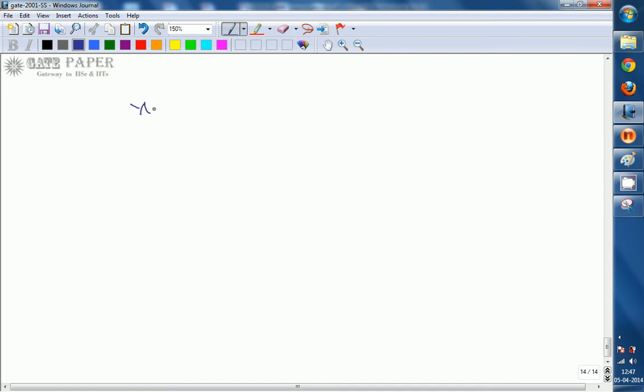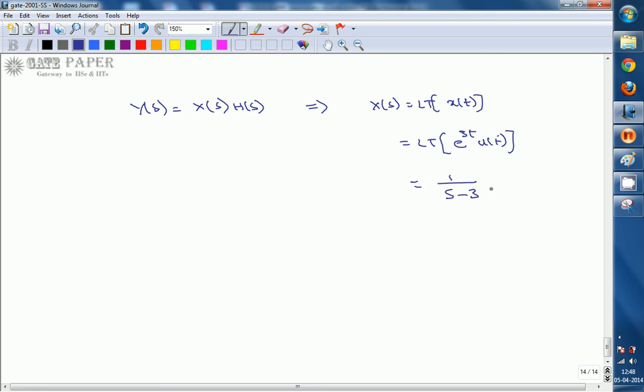Given Y(s) equals X(s) into H(s), we first find X(s), the Laplace transform of x(t), that is the Laplace transform of e^(3t) u(t), which equals 1 by (s minus 3). The Laplace transform of the impulse response h(t), that is e^(2t) u(t), equals 1 by (s minus 2).